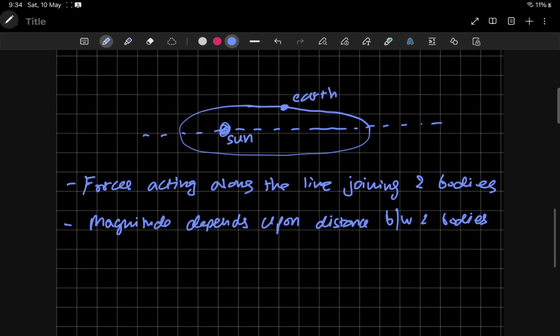So for example, if I draw the axis here, this is the origin.